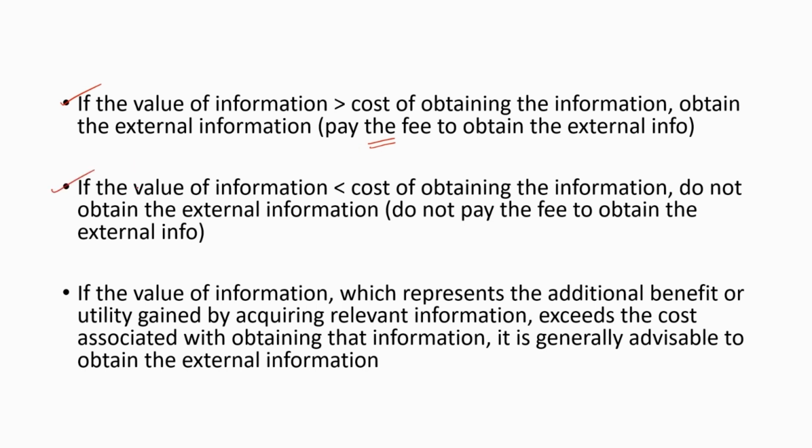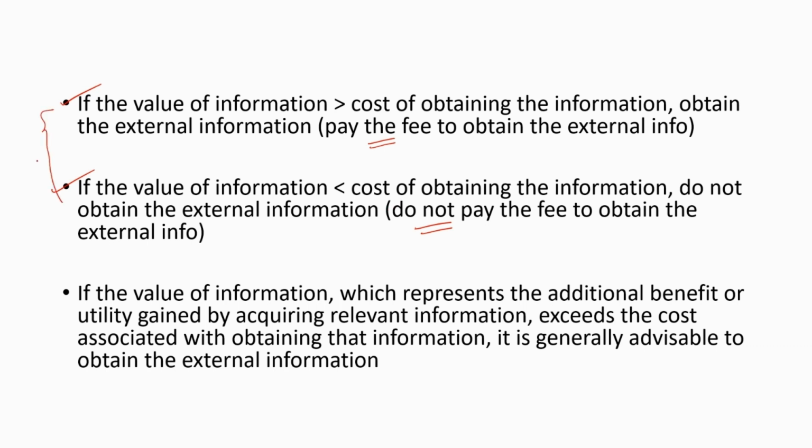If the value of information is less than the cost of obtaining the information, we can decide not to obtain the external information. Simply, this means do not pay the fee. The business can make the decisions themselves without having to obtain external information from an external party.